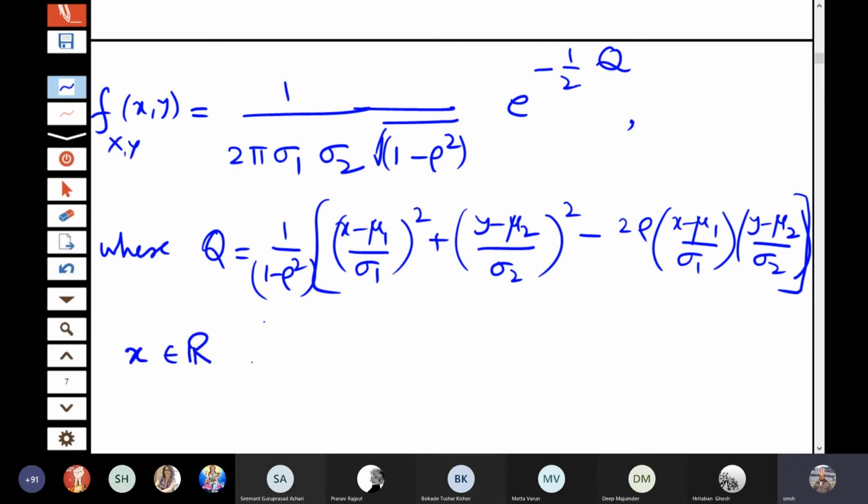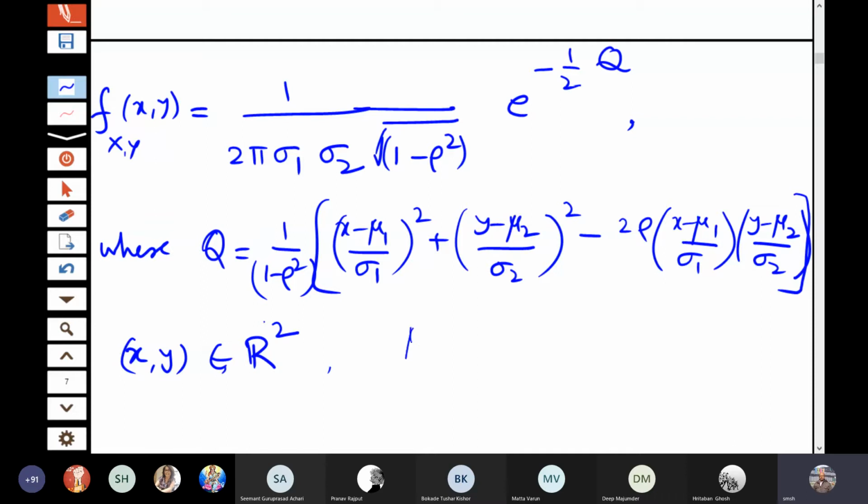So x is any real, that is from minus infinity to plus infinity. Y is any real from minus infinity to infinity. In fact, we should say that (x, y) belongs to R2, because it is a jointly distributed random variable, so it is better to write like this. Okay.